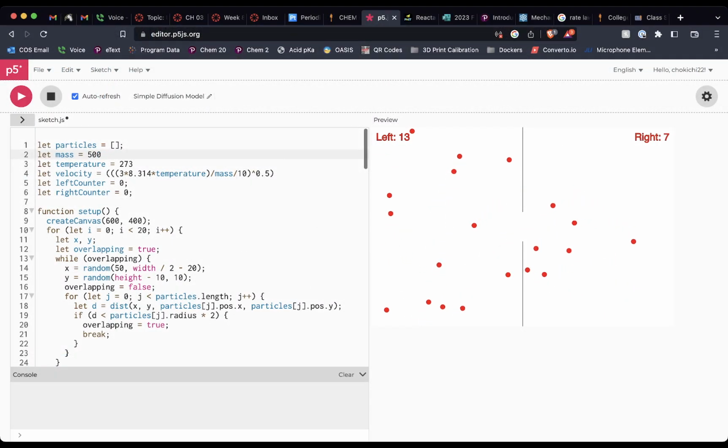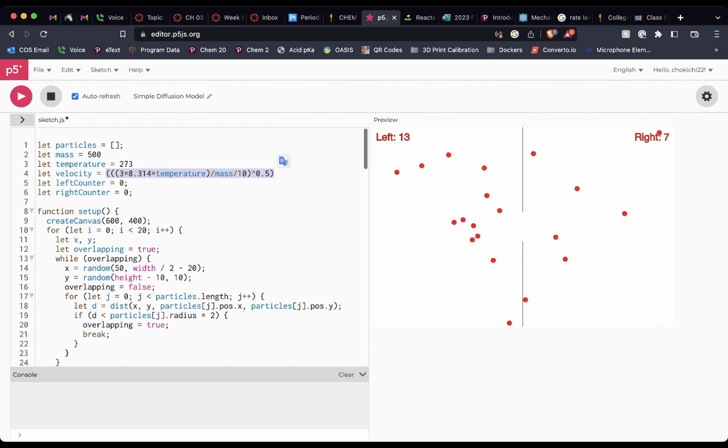So that is this equation here for the most part, where we've got 3 times R, which is 8.314 in different units, times the temperature, and then that divided by the mass. There is a factor in here just to slow them down, because otherwise they go way too fast if you don't divide this by 10.